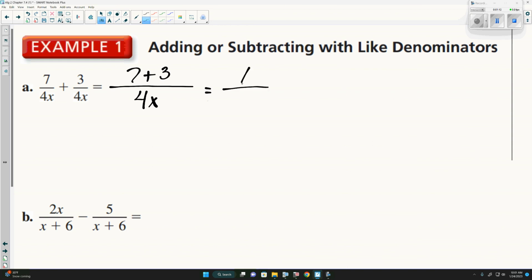And 7 plus 3 is? Will this reduce? Yes. Because 10 over 4 reduces to? 5 over 2. Yes. Because if it will reduce, we will need to reduce it. And that's it.